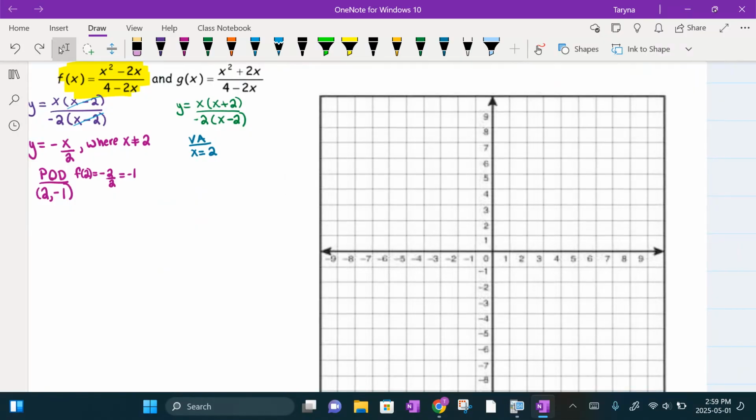Sorry, my POD disappeared, so I'm going to put that back on. That was my f of x.